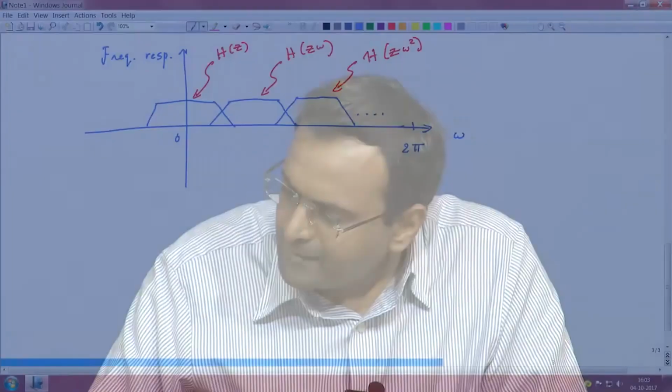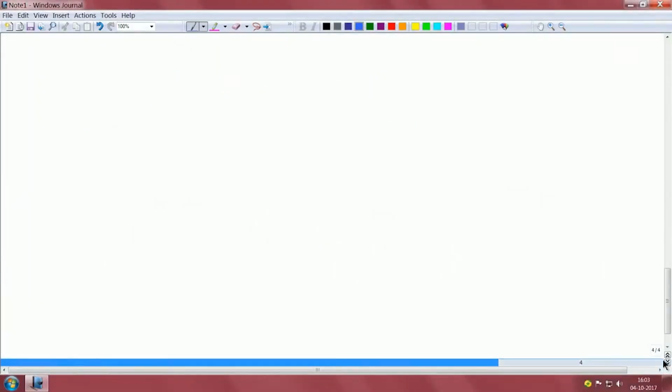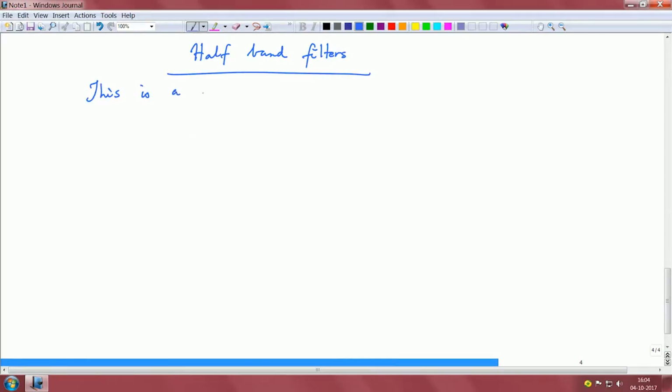And a special case I would say of these filters are the half band filters. So, as the name suggests, this is a special case of the Nyquist M equals 2 filters.